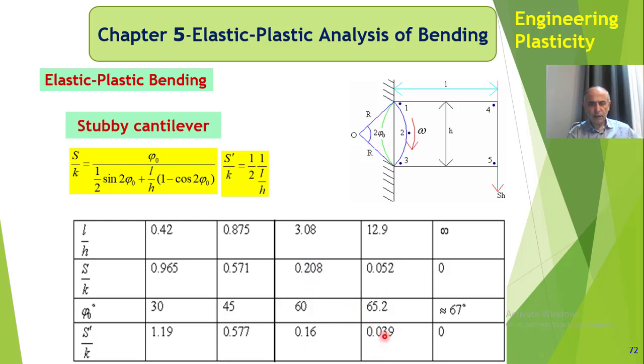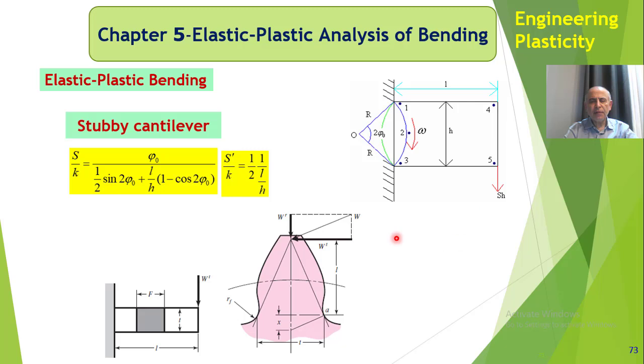Here much lower, and obviously for infinity you get almost the same, because it becomes 0. We should maybe write for infinity here some big numbers. Anyway, that gives us the idea where we should use the collapse load for the cantilever beam. Otherwise we could use the ordinary plastic method. But for stubby cantilevers we use the collapse load.